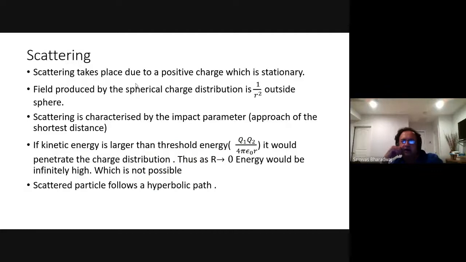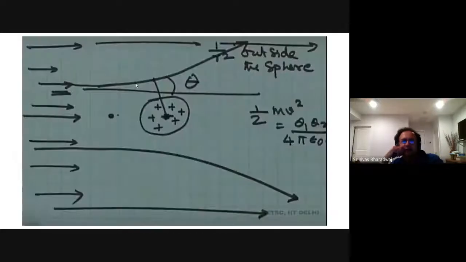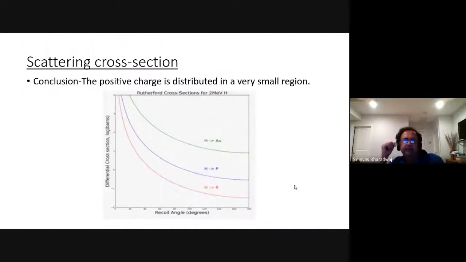Thus, as r tends to 0, the energy will be infinitely high. Now, scattered particles follow a hyperbolic path. Okay, this hyperbolic path makes an angle theta. Therefore, it goes in a different direction, and based on the closeness of the approach to the nucleus, it would correspondingly deflect.